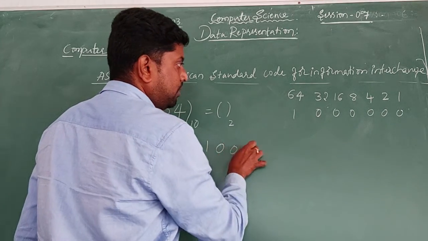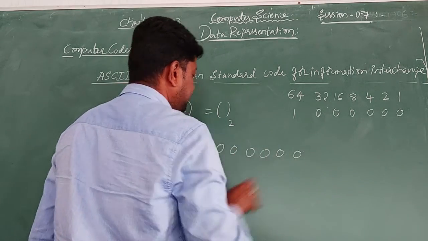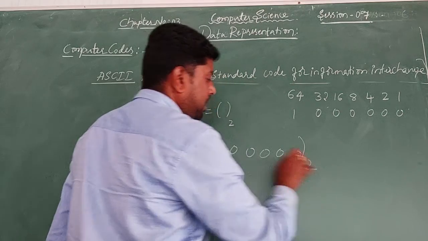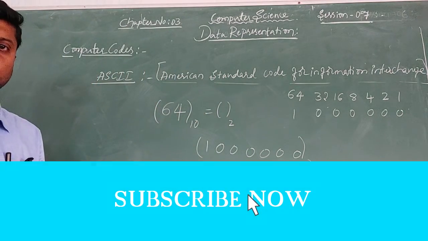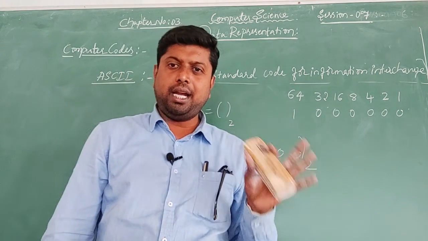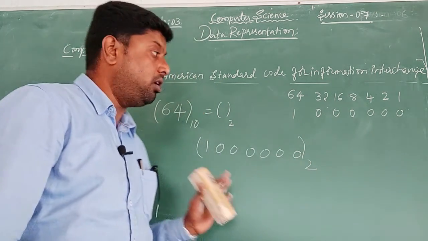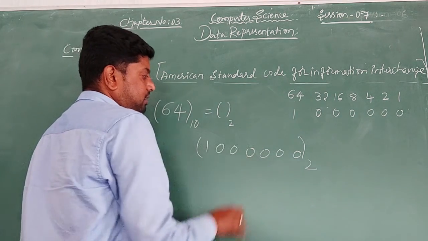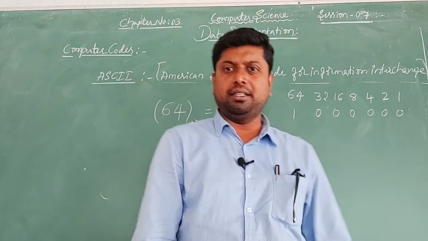Then this should be the binary number for 64. Correct? Then we have a chance to write 64 in octal also, meaning 3 digits each, one for 6 and one for 4, by dividing into groups of 3.